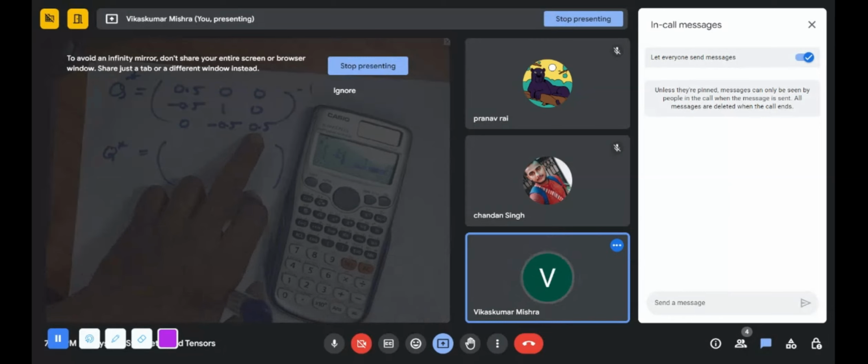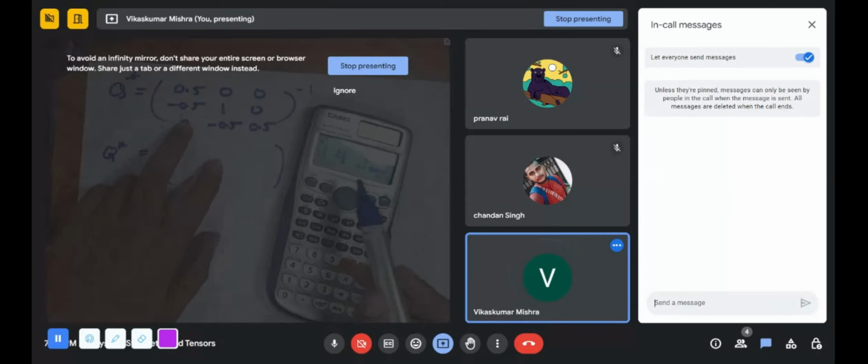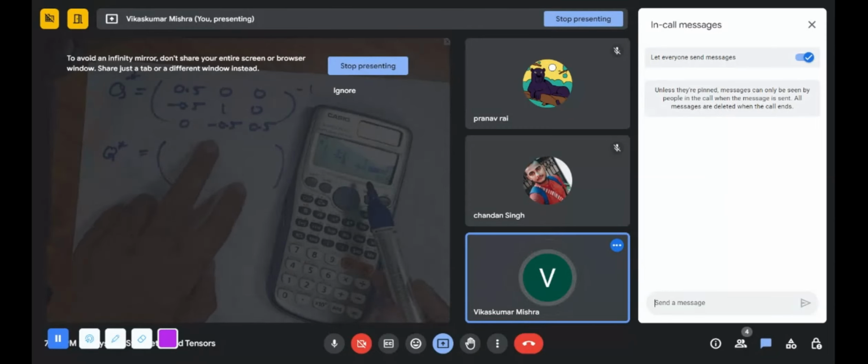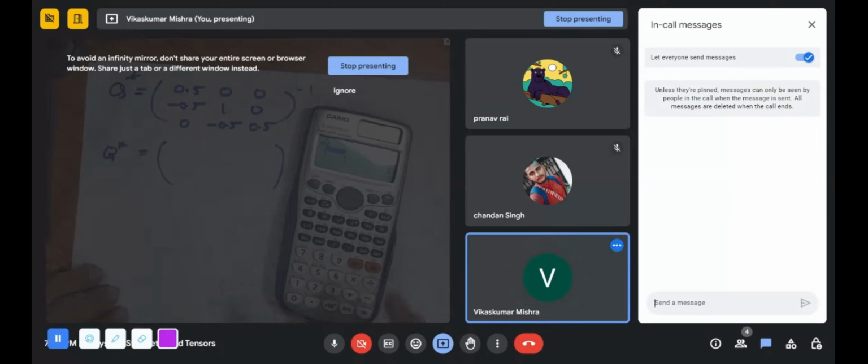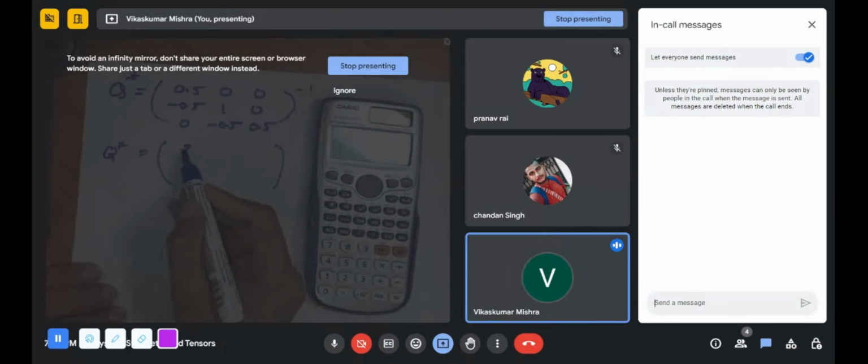That's how our Q matrix is: 0.5, 0, 0, minus 0.5, 1, 0, 0, minus 0.5 and 0.5. Okay, let's find the inverse of it. And this is the inverse. We are getting 2, 0, 0. This time we are getting easy terms.